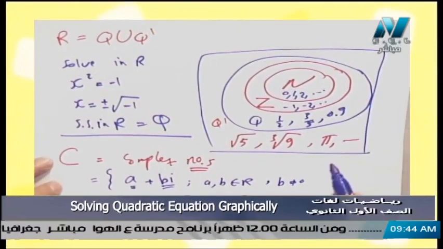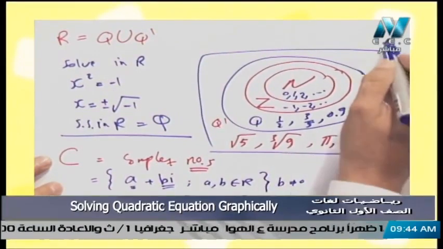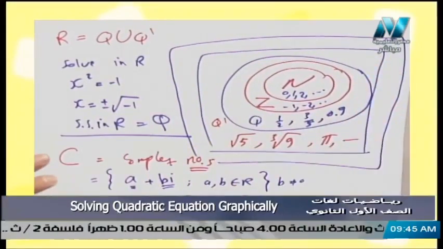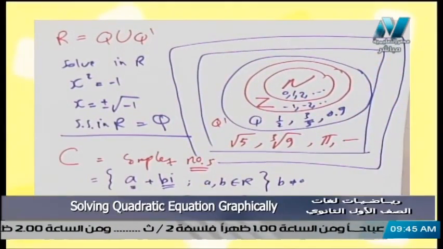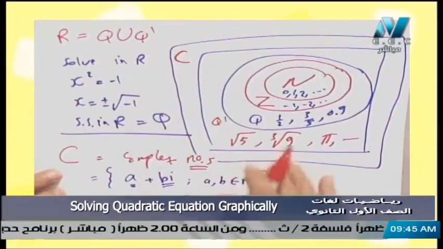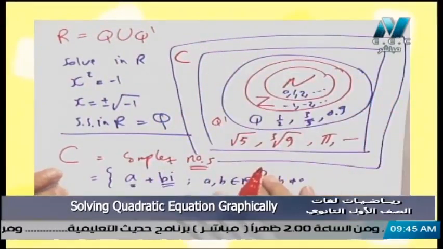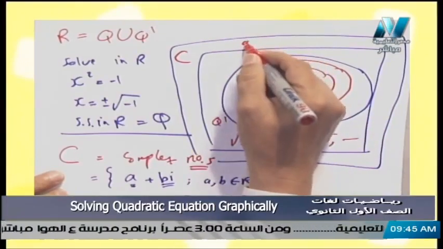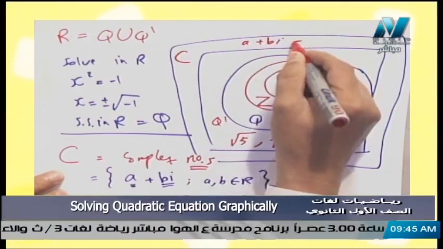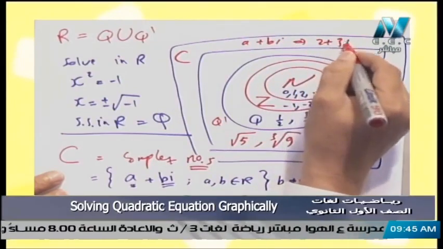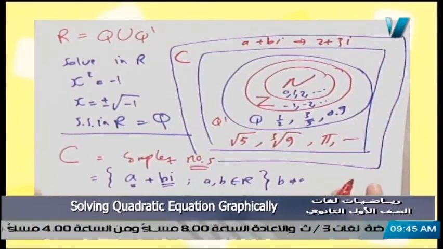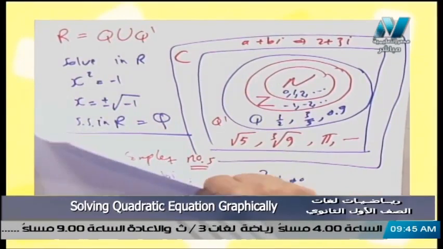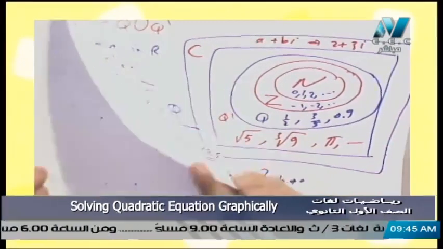So we have a big set of numbers, a bigger one here, called C, and C, my dear students, includes all these numbers, but also any number that takes the form a plus bi, as an example 2 plus 3i. But what is i? We will study more about i now.